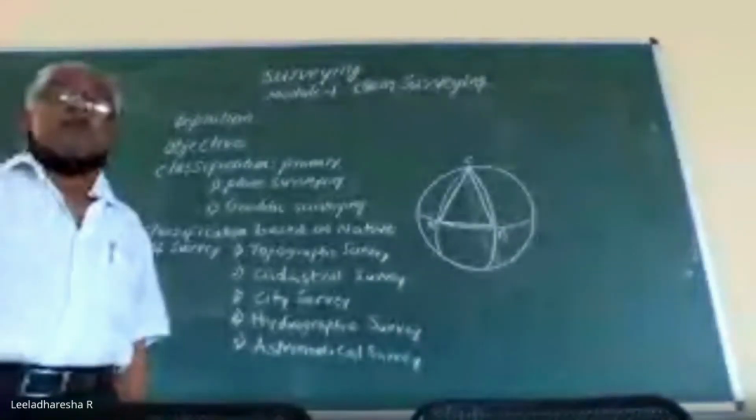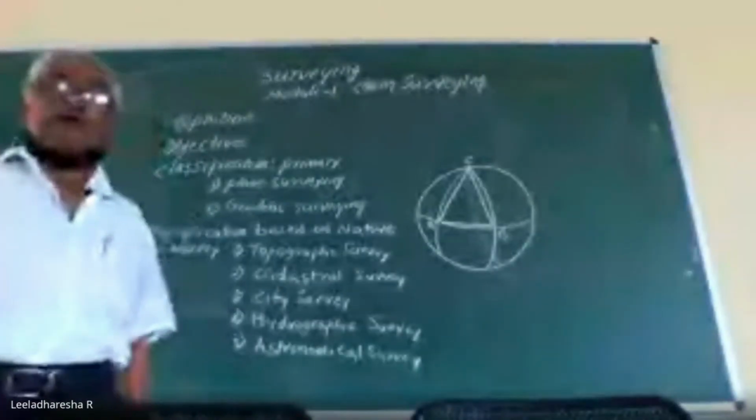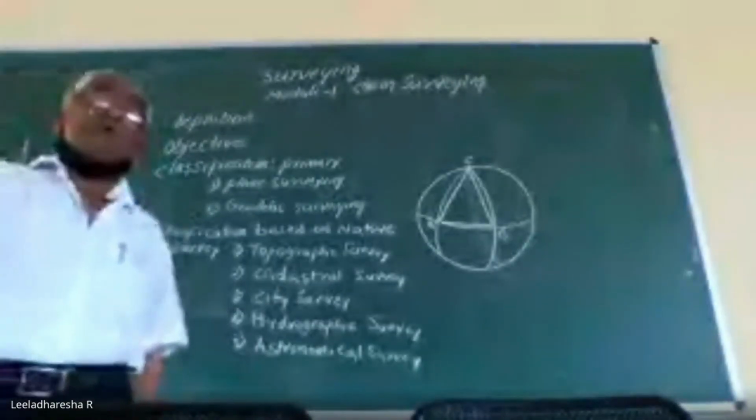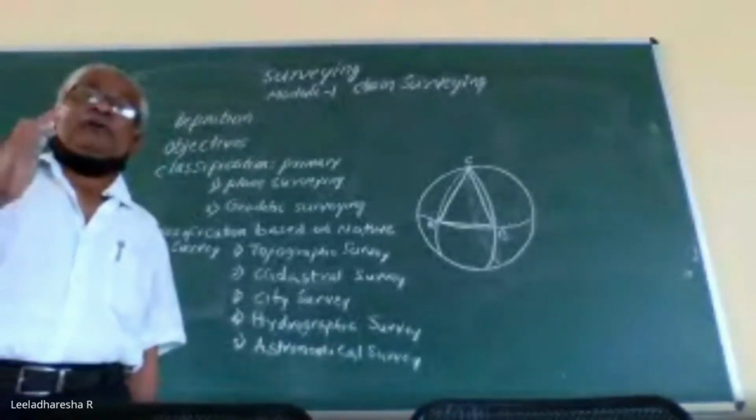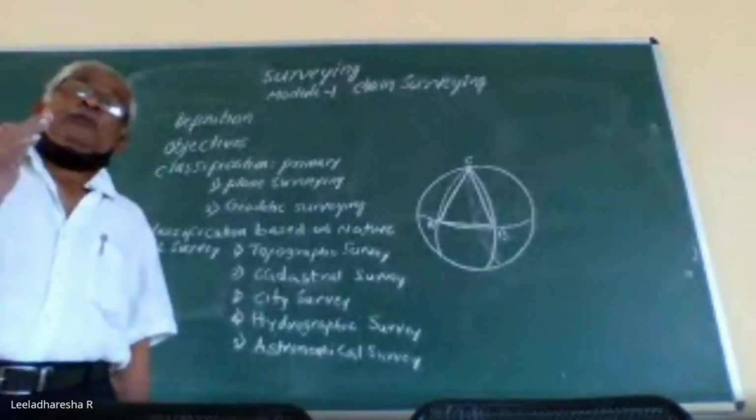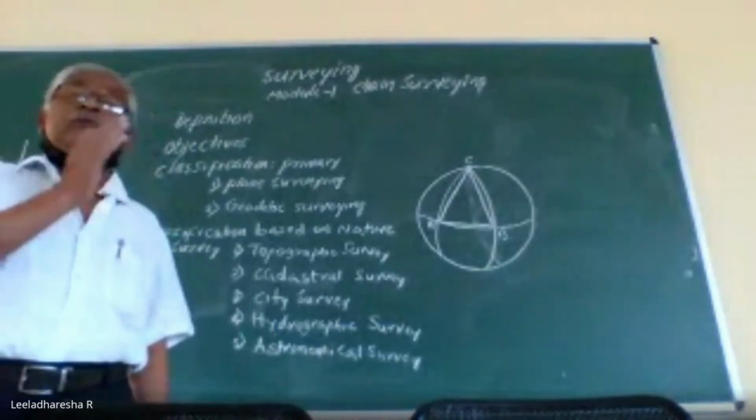This is useful for engineers because, for example, a river is flowing in a particular area and I want to construct a dam across that river. Then you need to refer to the topographic map.